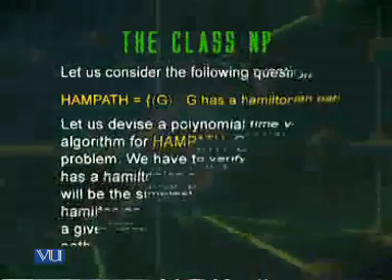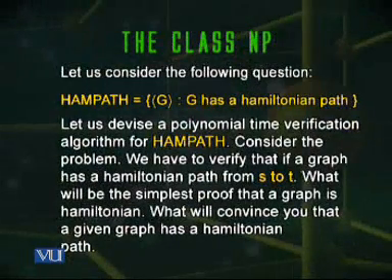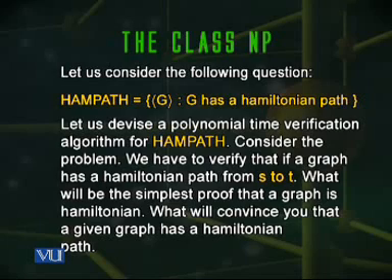The person that you're trying to convince is a mathematician, and he wants a proof, a certificate which he or she will check, and after checking your certificate or proof be sure that the graph has indeed got a Hamiltonian path from the vertex S to the vertex T. In order to verify this, let's ask ourselves what would be the simplest proof that the graph does have a Hamiltonian path.